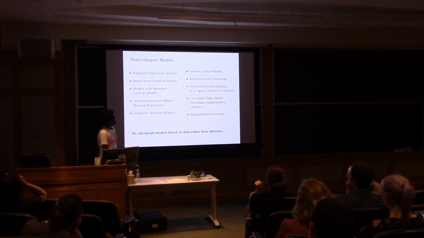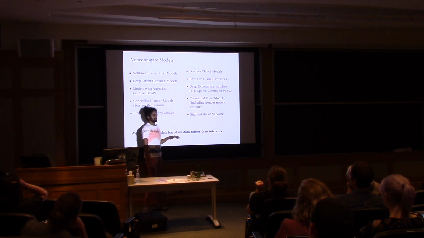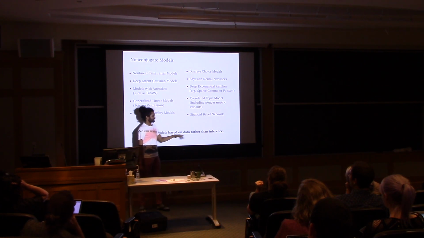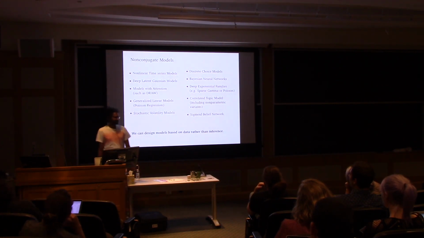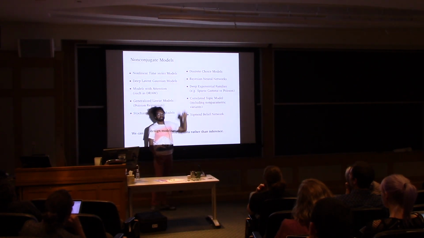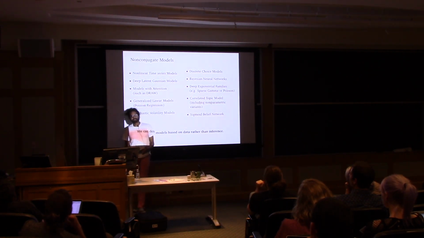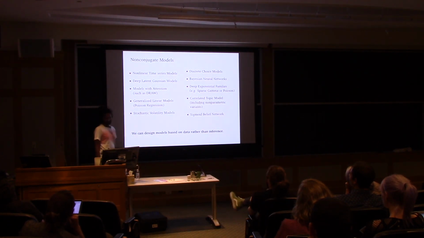I think most of these actually have been run with this method. But I think what's nice about it is you can really design models for data rather than based on what the computation you have is. And that's a change, like if you were to pick any of these before, you would do those pages of algebra, and you might write a paper because you've committed yourself so much after doing those pages of algebra.